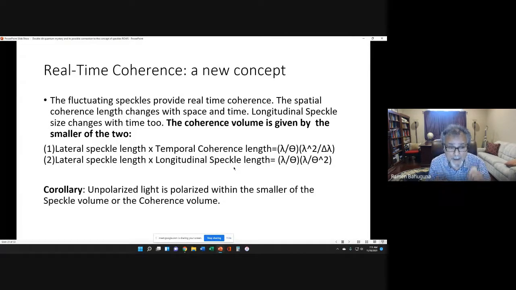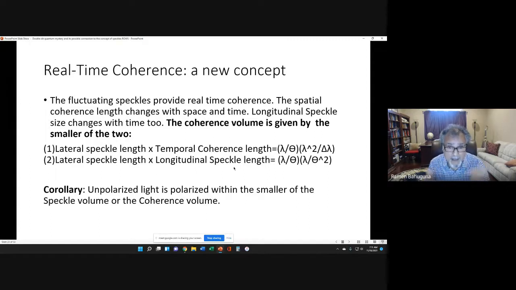Also, a very important corollary comes from there. When you have unpolarized light, you can get interference from unpolarized light. You can split the beam into two parts by a Michelson interferometer and combine them and get interference. Right? But if the light is unpolarized, that means the X and Y components of the field are uncorrelated.